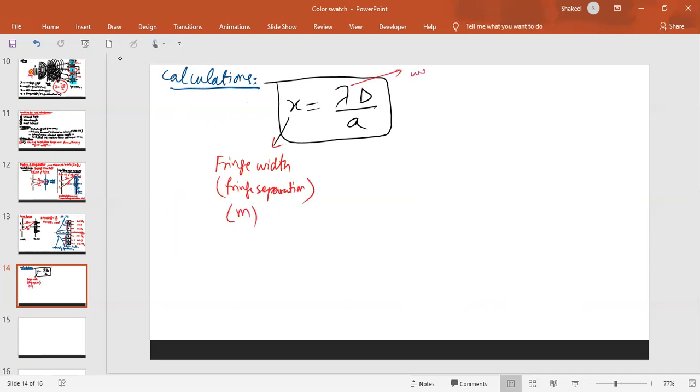This lambda is the wavelength of the light used in meters. This D is the slit-screen distance, and it would be in meters as well. And this a would be the slit separation, in meters or millimeters. So all the units are of length.